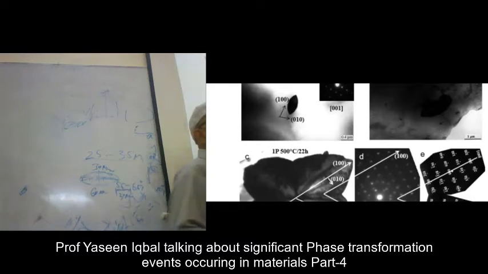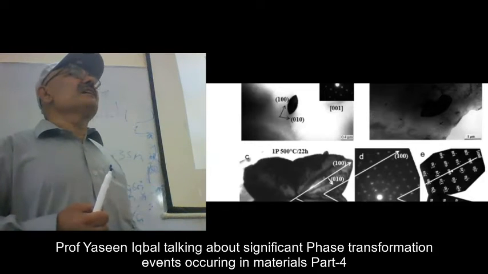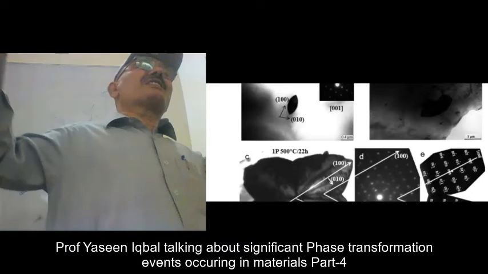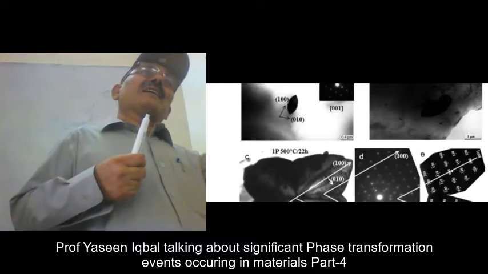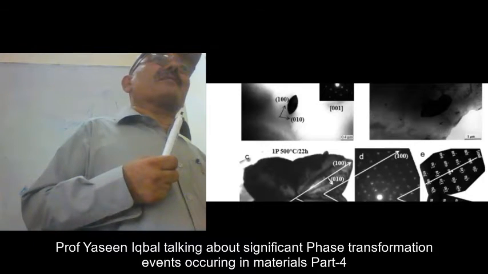So what I did, I squeezed down the dimensions of the crystal. I changed the crystal morphology from more elastic to less elastic. I brought it close to spherical symmetry.